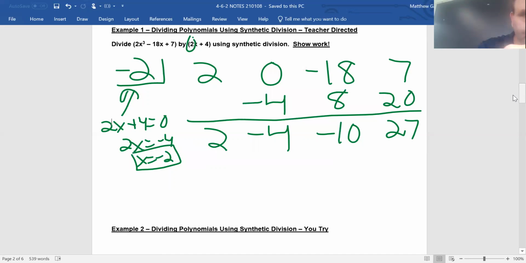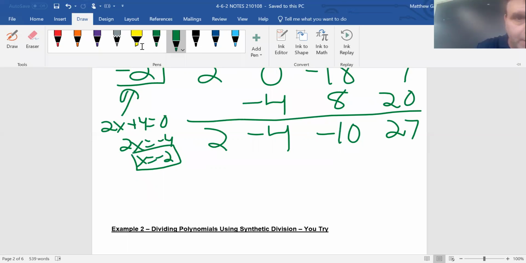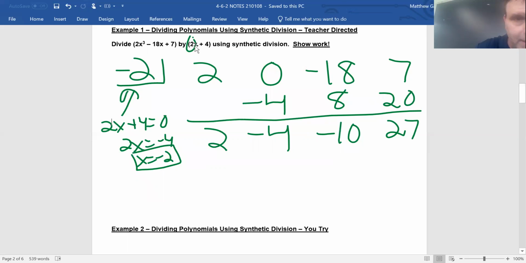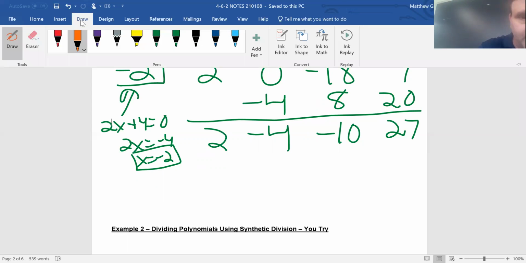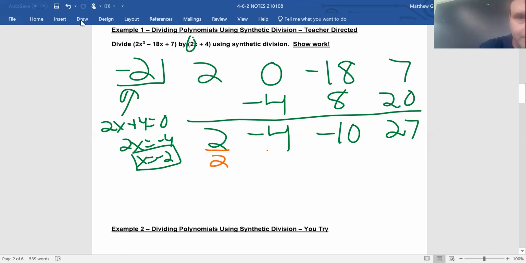So you're dividing a cubic by a binomial, 2x plus 4, which is first degree. So 2 should be the coefficient for x squared, but it's not technically 2. You have to divide 2 by 2, and you have to divide -4 by 2, and you have to divide -10 by 2. You don't touch the constant, the remainder. So 2 divided by 2 is 1x squared.